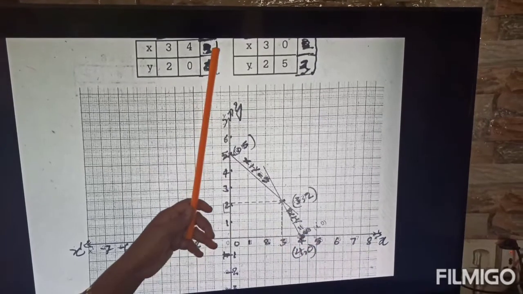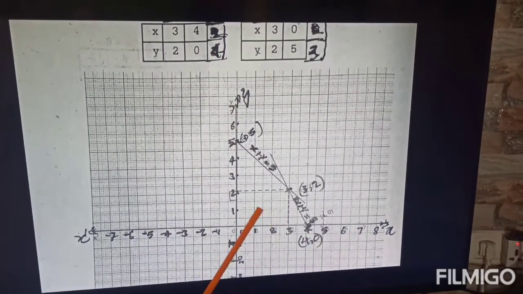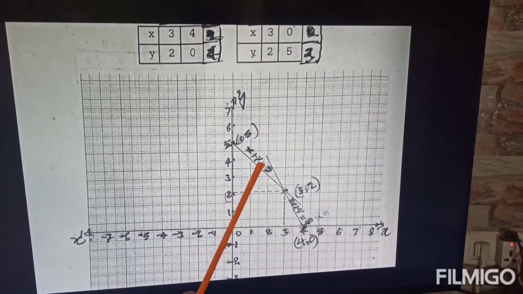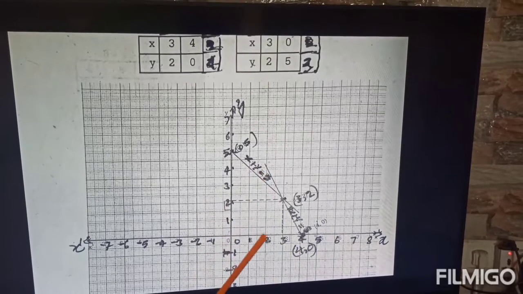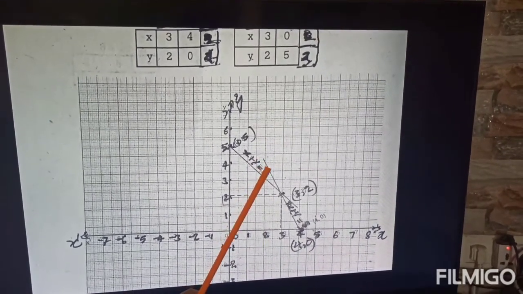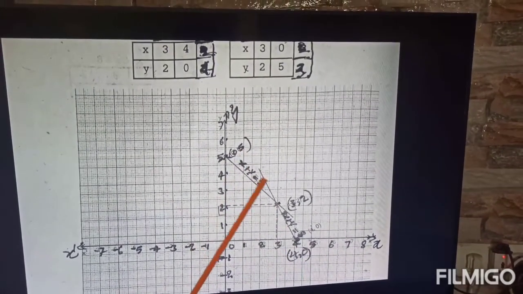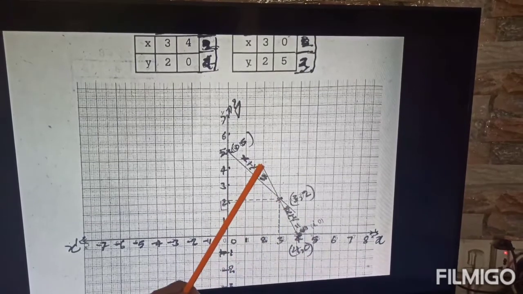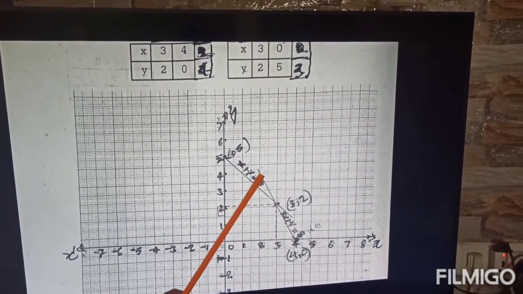Next, 2, 4. If x value is 2, y will be 4. Both are intersecting at this point. Then we have to add all the 3 points: 1, 2, 3. Here it will be the third point, 2, 4.